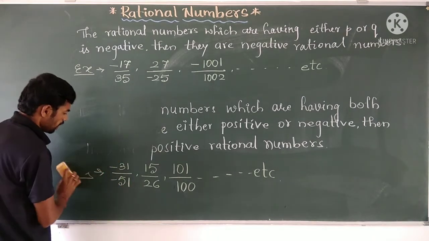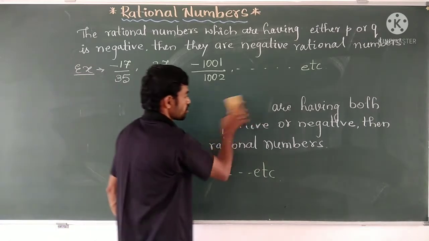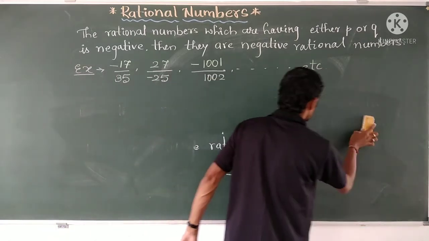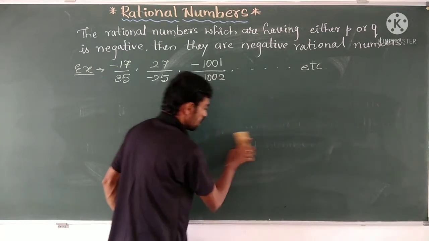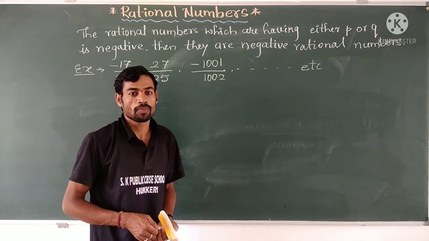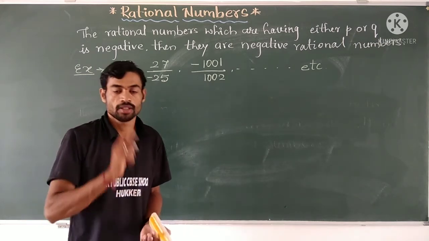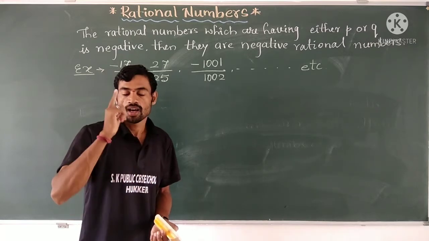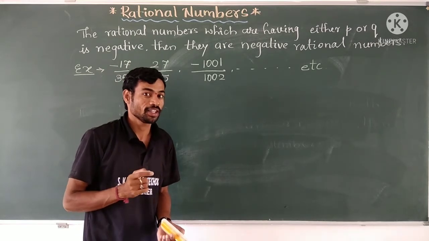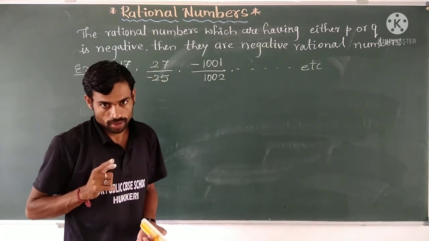Now, by seeing all these examples, one question arises in the mind: is 0 a rational number or not? Yes, it is a rational number, but it is neither a positive nor a negative rational number.